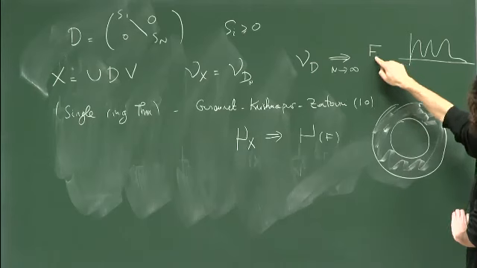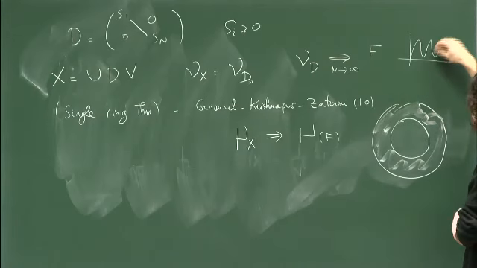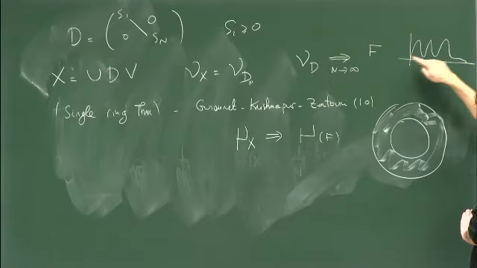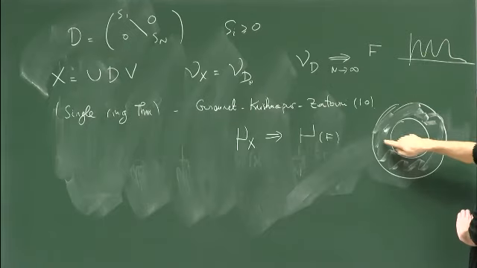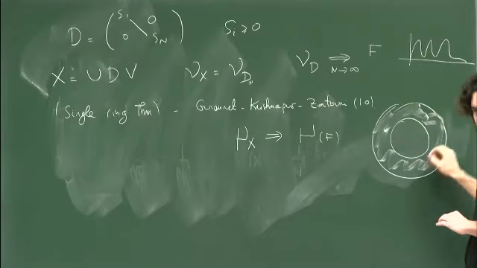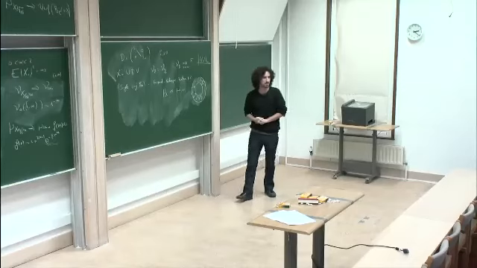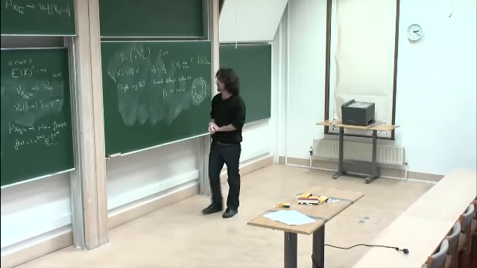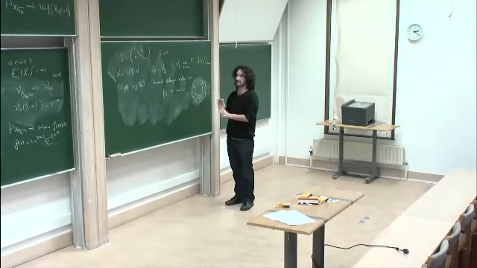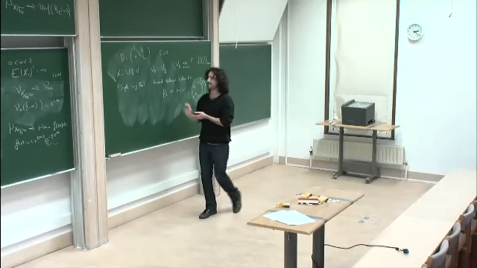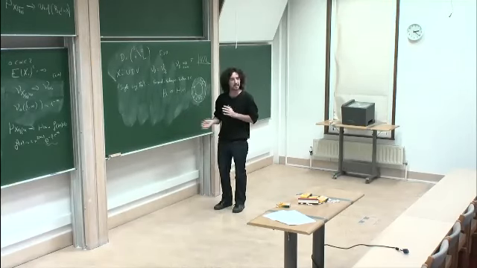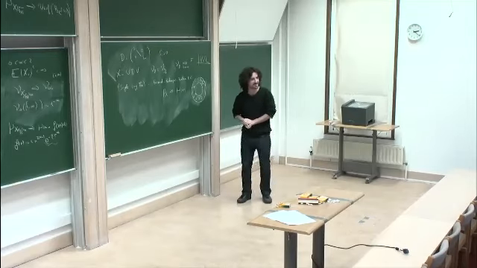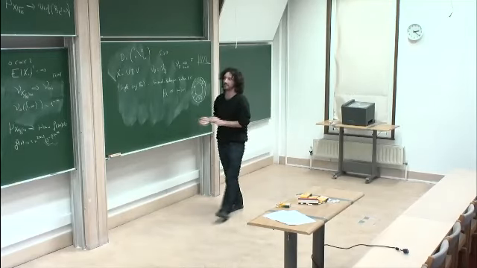Even if this limit distribution F has many wells, like I've sketched, there will be only one well in the limit spectral measure. That's why it's called the single ring theorem. All these examples are just to show that spectral measures of non-Hermitian matrices are complicated and not very intuitive objects.